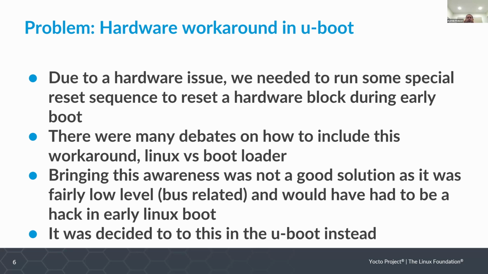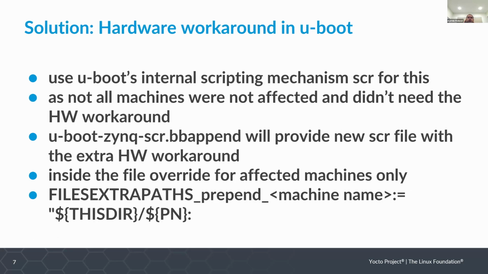With this particular BSP we were working with, we found a mechanism in U-Boot to make this hardware workaround. It was basically a very early reset to some hardware IP to make sure that the bus is functional for the rest of the Linux boot. We used U-Boot's internal scripting mechanism, and with the append techniques of Yocto, it was fairly easy to do that.